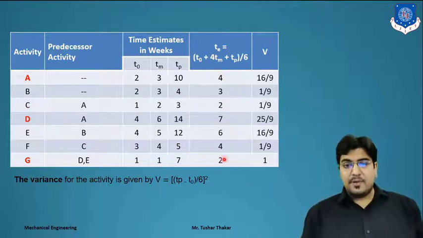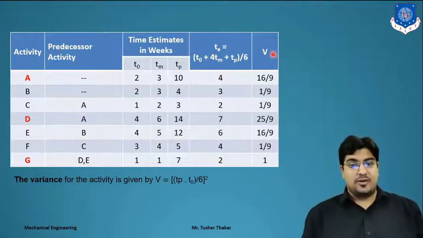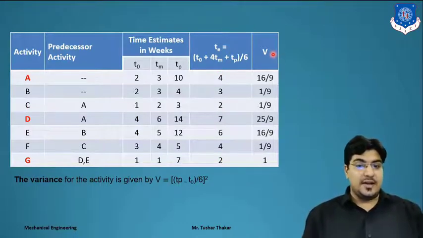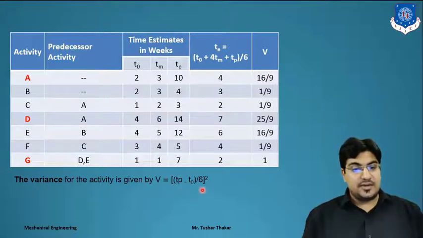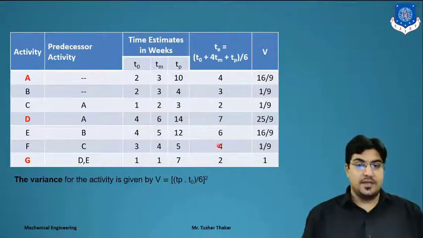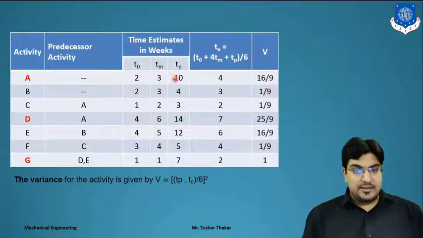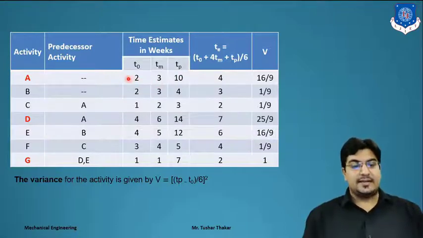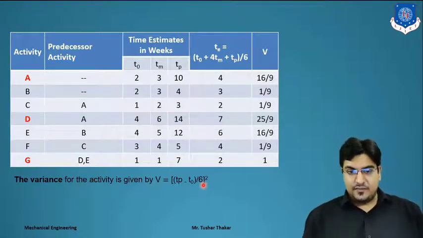And after finding the TE for all activities, we find the variance. What is the equation of variance? That is TP minus TO divided by 6, whole square. For example, TP is 10 minus TO, that is 2, so 10 minus 2 is 8, divided by 6. 8 divided by 6 means 4 divided by 3. So 4 divided by 3 squared is 16 by 9.